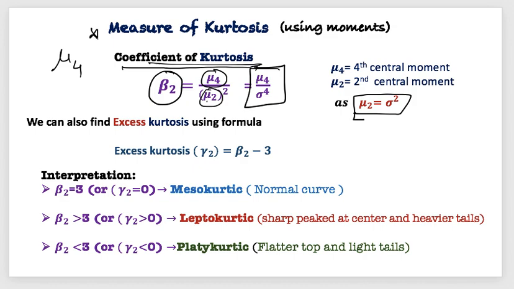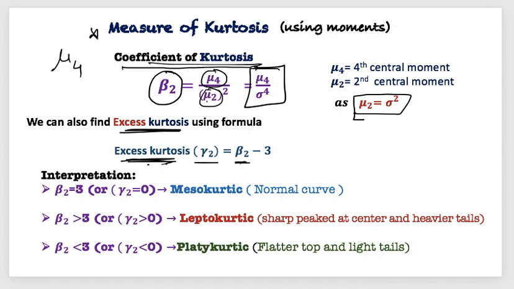In the same manner, there is one more formula under kurtosis, called the excess kurtosis. For a normal distribution, the value of beta 2 must be 3. So if you want to compare the excess of kurtosis, whether it is less than 3 or more than 3, what you can do is, for gamma 2, subtract 3 from beta 2.